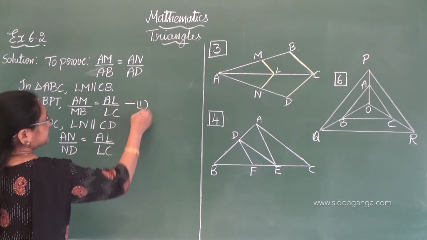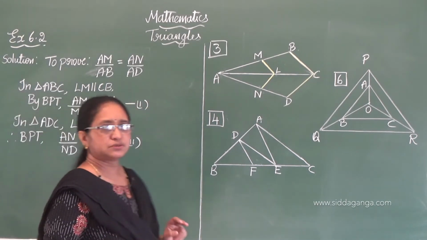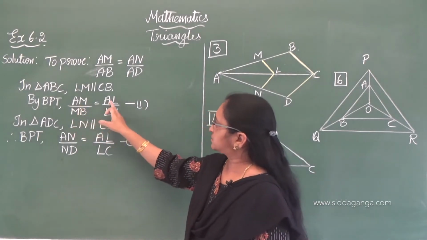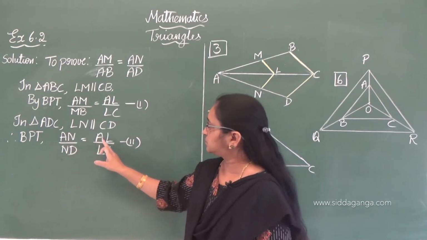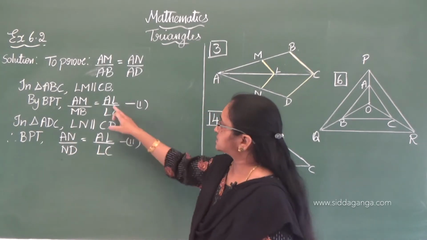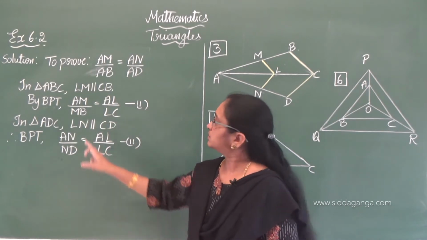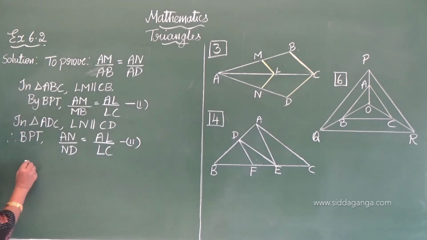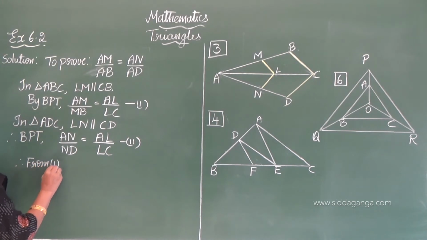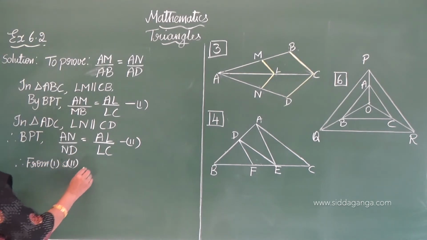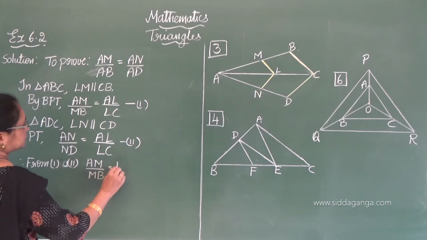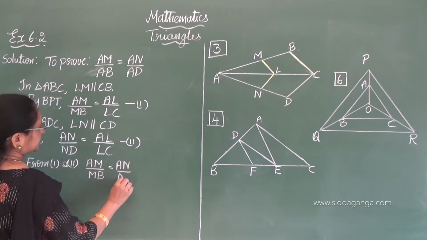Now just observe the first and second equations carefully. AM by MB is equal to AL by LC, and here AN by ND is equal to AL by LC. Now we can see the RHS are equal, therefore the LHS will definitely be equal. So let me write that now. Therefore from 1 and 2 we have AM by MB is equal to AN by ND.